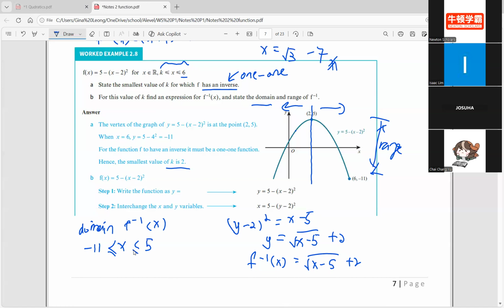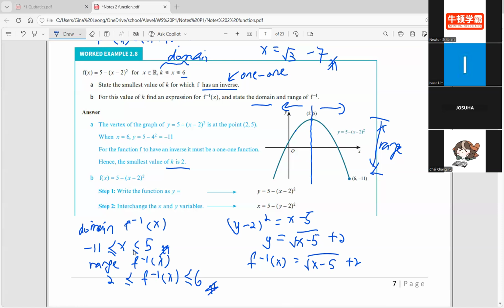The range is the domain for your function. This is the domain for the function, so it's the range actually. So this is 2, then 6.